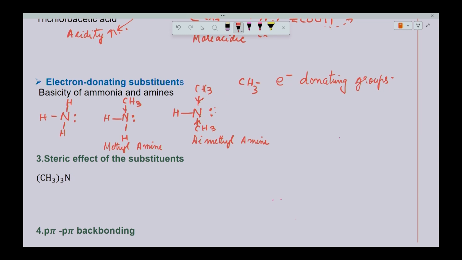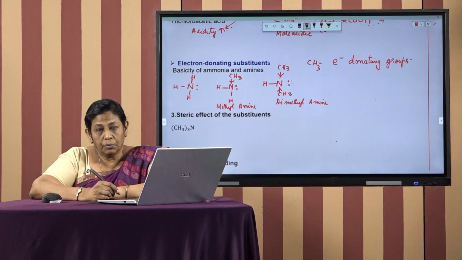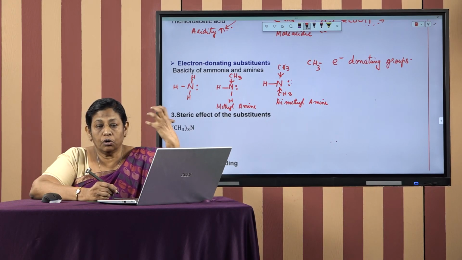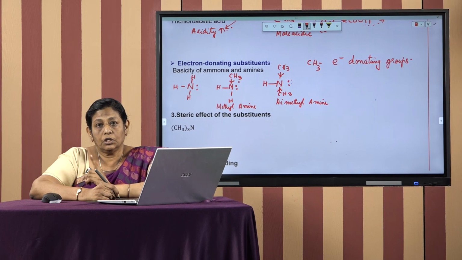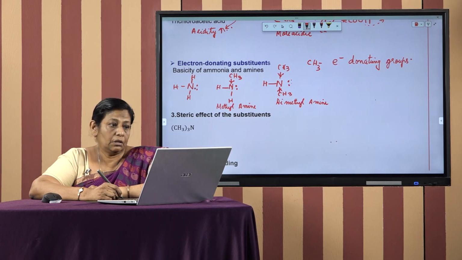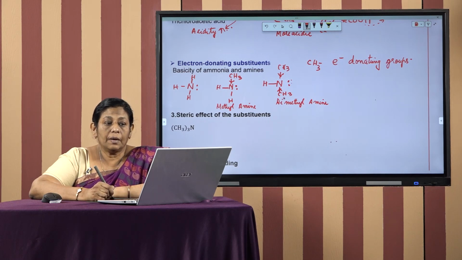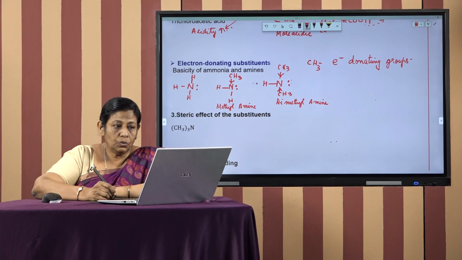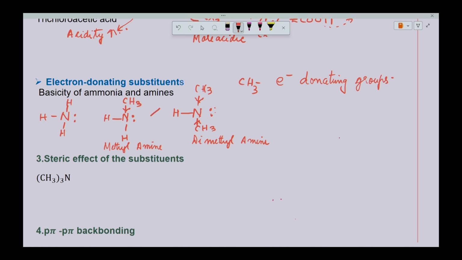In this case, we have one methyl group, which is an electron donating group pumping its electron. While in the case of ammonia, you do not have any methyl group. So, which will be more basic? The dimethylamine will be highly basic compared to the other 2, and next will be methylamine, and the least will be ammonia.